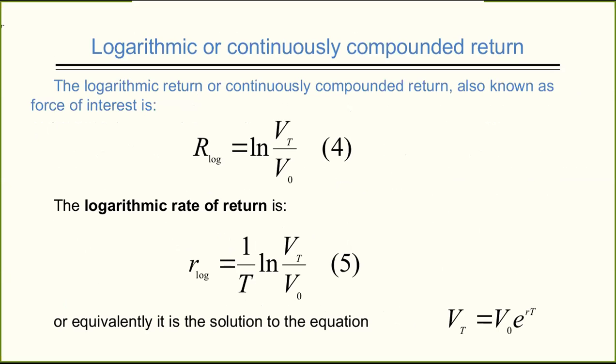But there is another approach, maybe its consequence. It is logarithmic or continuously compounding return. The definition of the logarithmic return is not only the proportion, but the logarithm of this proportion.